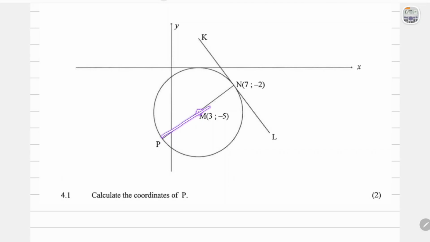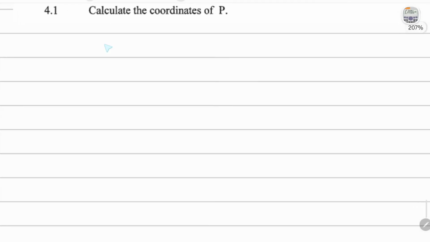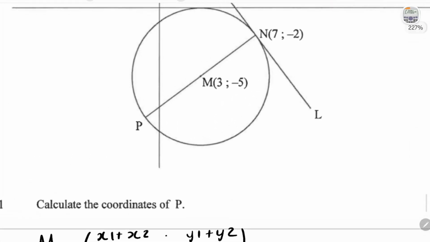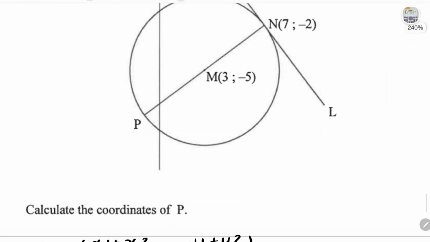Okay, so we're going to use the midpoint formula here. And we'll remember that this is just one of the endpoints and not the actual midpoint we're looking for. Okay, so the midpoint formula looks like this. It's (x1 plus x2) over 2, and then (y1 plus y2) over 2. Now, our x1 and our x2 we have to establish because this is just P, we'll call it x and y.